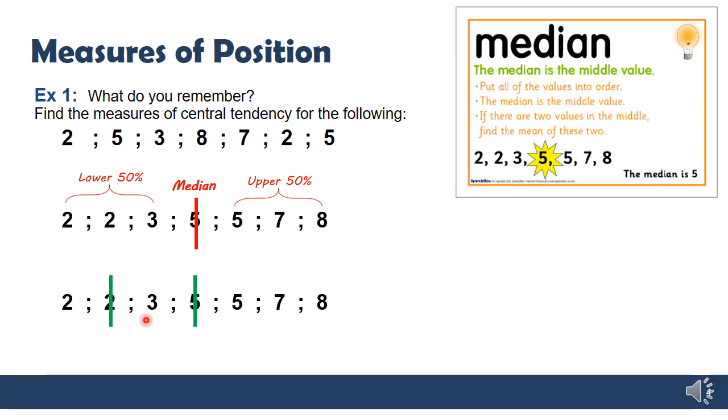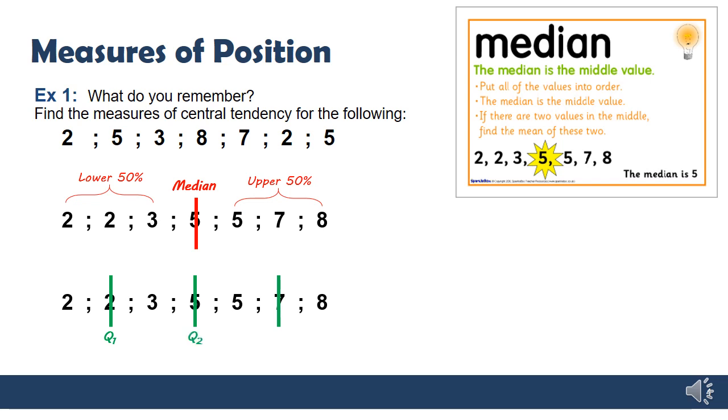Likewise, if I look at the top half of the data, I'm looking at 5, 7, and 8, and I can see that my middle value here is 7. So I've split my data into 4 pieces. And each of these values are called quartiles. So quartile 1, which we abbreviate as Q1, would be 2.